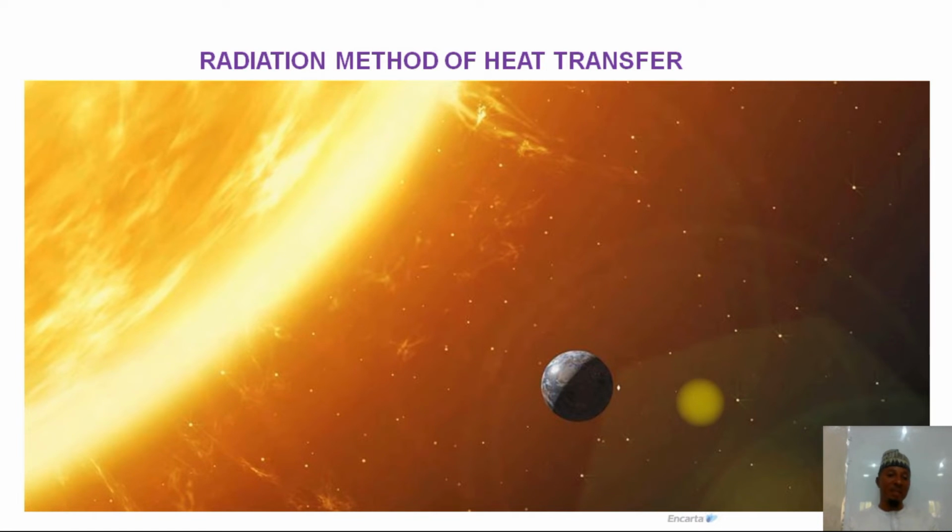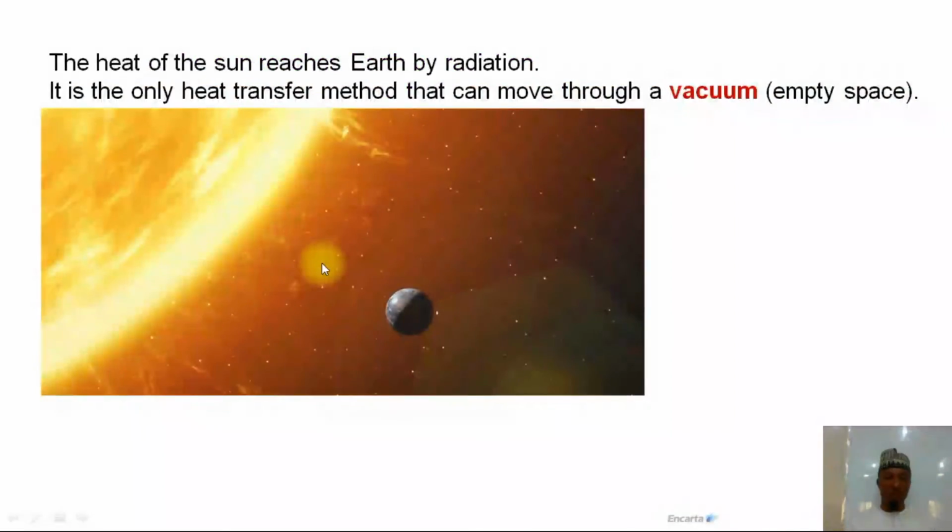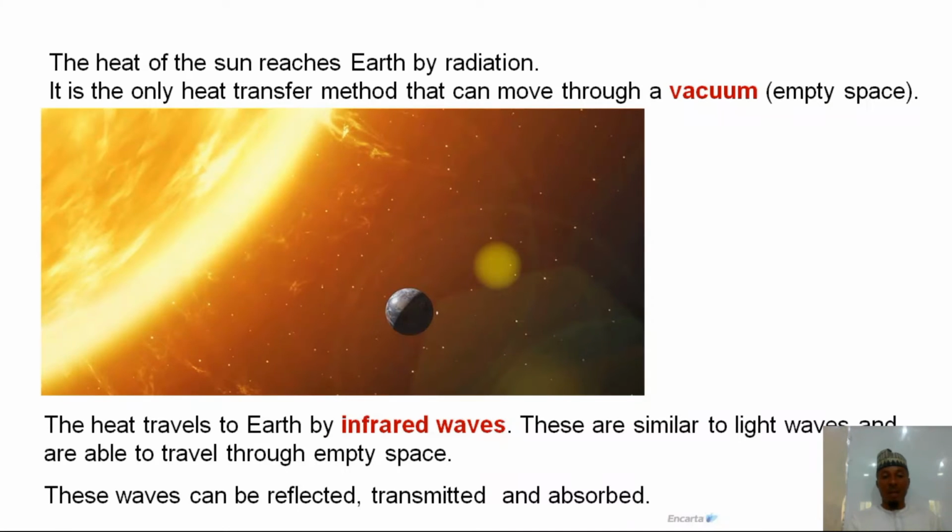Solid, liquid, or gas is not important here, because the heat transfers from the source to the object through what is called infrared wave or radiation. This is how the heat from the sun gets to us at the earth. So the heat here can transfer in vacuum. It doesn't need any medium to transfer. So the kind of heat transfer by infrared wave is what we call radiation.